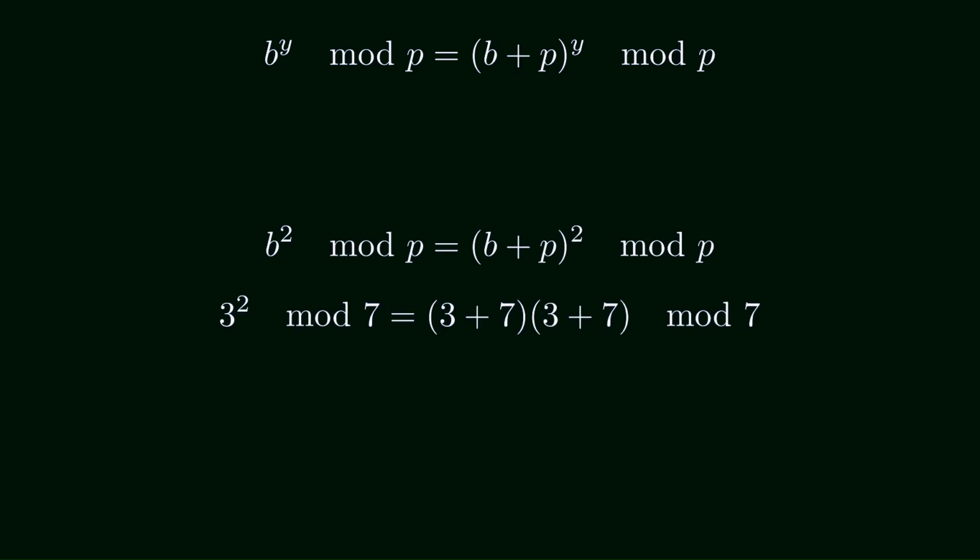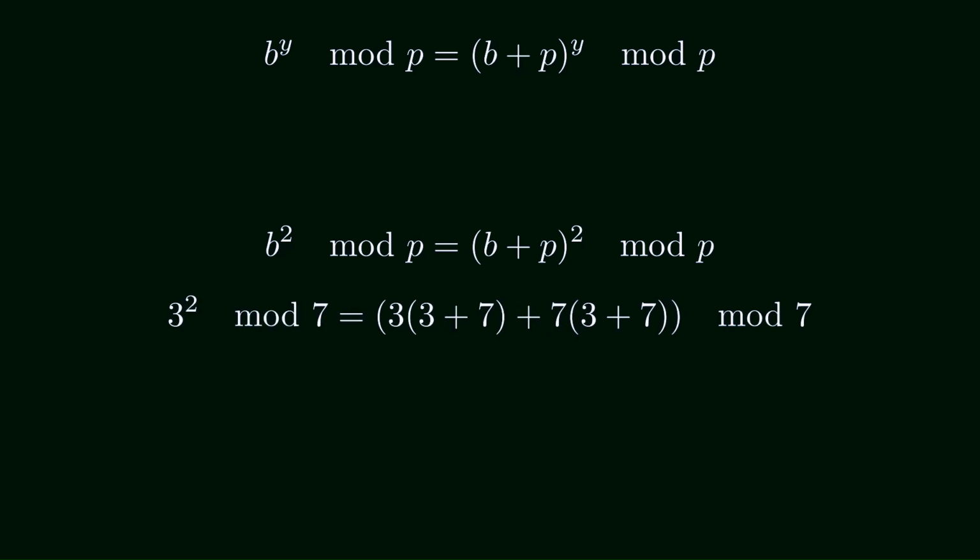Alright, but what about the second degree with y equals 2? Well, let's take a look at the numeral example of this. We can expand 3 plus 7 squared into 3 plus 7 times 3 plus 7. Then we can distribute the 3 plus 7 into both 3 and 7, giving us 3 times 3 plus 7, plus 7 times 3 plus 7. Now again, on the right, we are adding 7 times 3 plus 7, and then asking for the remainder when we divide into groups of 7.